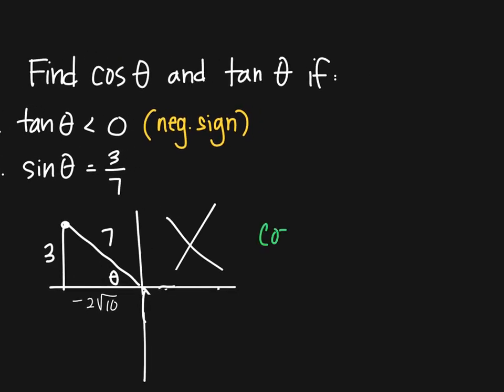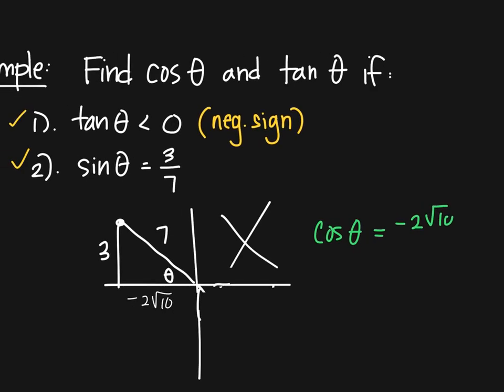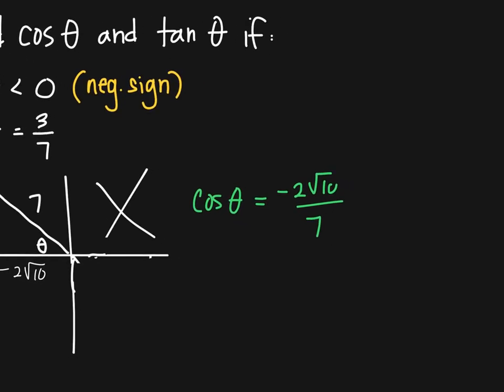So what is cosine theta for this particular reference triangle? It's adjacent over hypotenuse. And the adjacent is negative 2 rad 10, and the hypotenuse is 7. So I just figured out the cosine.